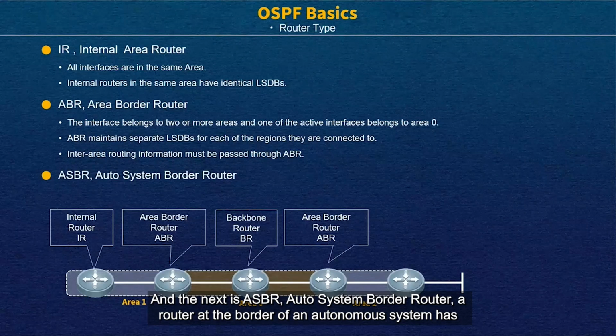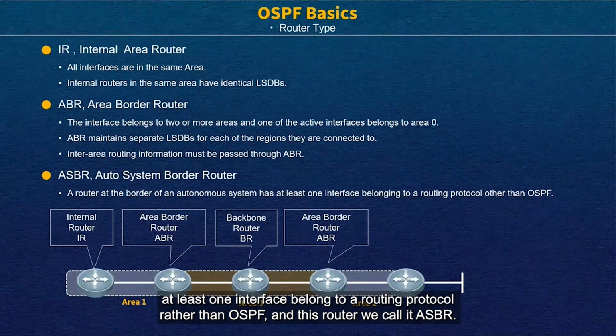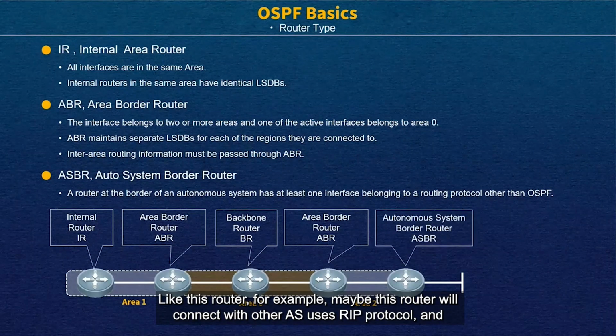And the next is the ASBR, Autonomous System Border Router. A router at the border of an autonomous system has at least one interface belonging to a routing protocol other than OSPF, and this router we call an ASBR, like this router.